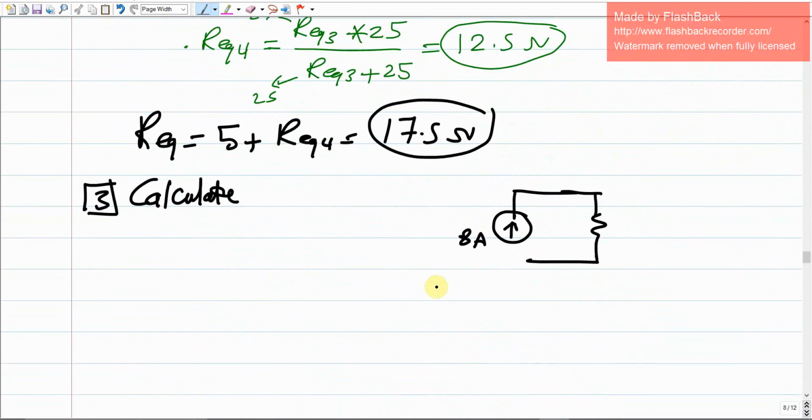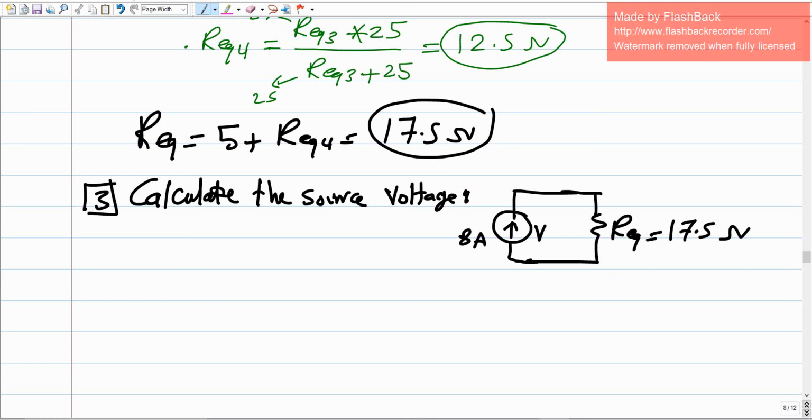So how much is V? It is required to find V, the total voltage, where R equivalent is what we just got, 17.5 ohms. So simply, we calculate the source voltage. It is the unknown. The current is already known, where the current here, which is Is, is already given as 8 amperes.